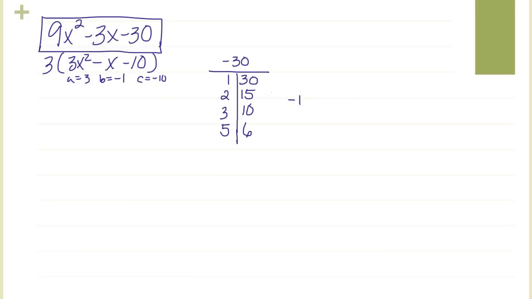Alright, so I said we ignored the signs up until now. We want a negative 30. So if we have a negative up here, then either all these guys are negative and the second column's positive, but if I did that and I added across, I'd get 29 and 13 and 7 and 1. That's not going to work. So it can't be those numbers that are negative. We're going to have to try the other numbers.